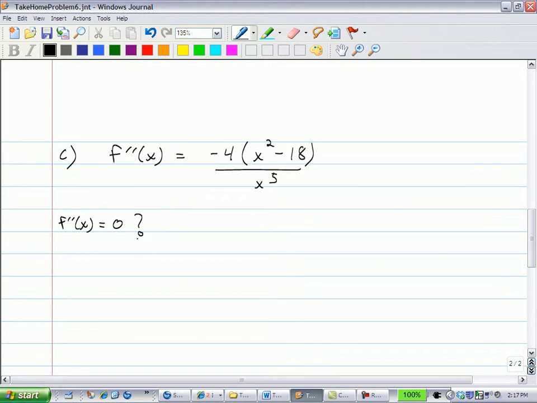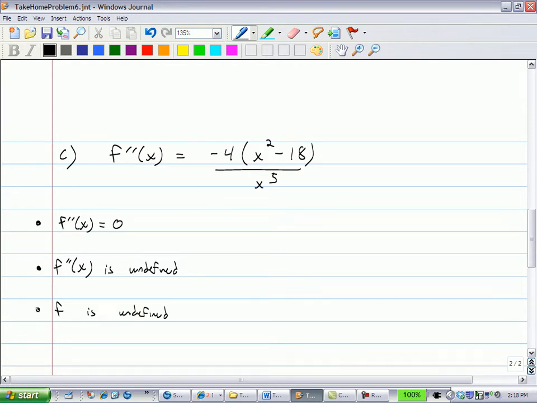When does that happen? Or f double prime of x is undefined. Or even your function was undefined. Those are the separators you use for concave up and concave down; those are the things that come to my mind.